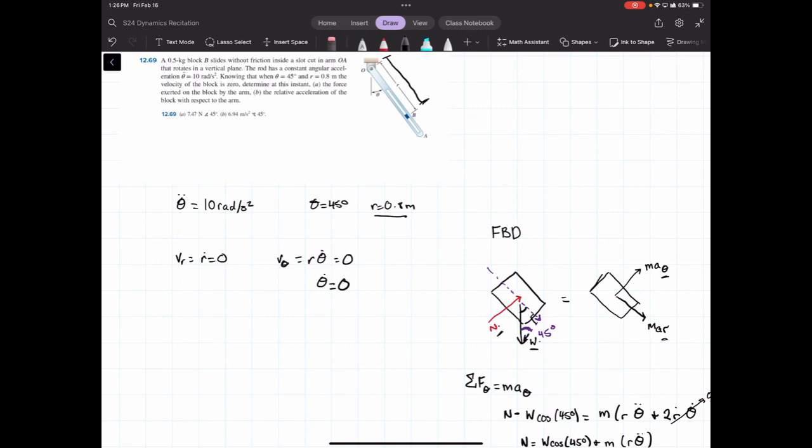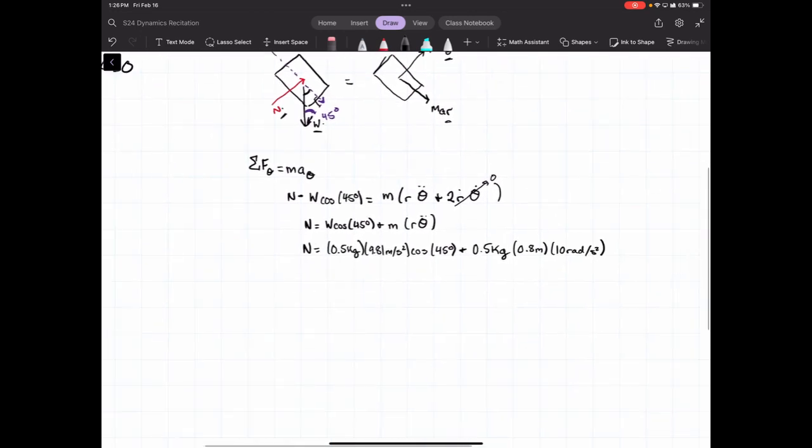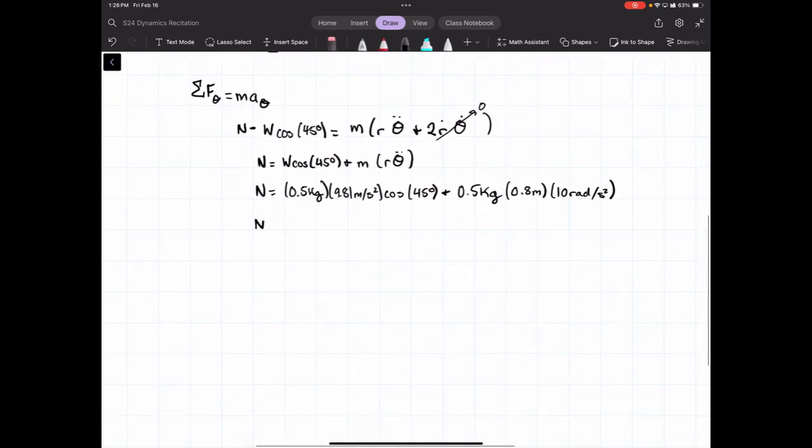So if our velocity is equal to 0 and our r is already equal to 0.8, then our theta dot term has to be 0. It's just because we were told that there's no velocity. If there was a given velocity, it wouldn't be 0. But in this case, because we have no velocity, we can effectively conclude that theta dot is equal to 0. So then N, once you plug all that into the calculator, is going to be 7.468 newtons.